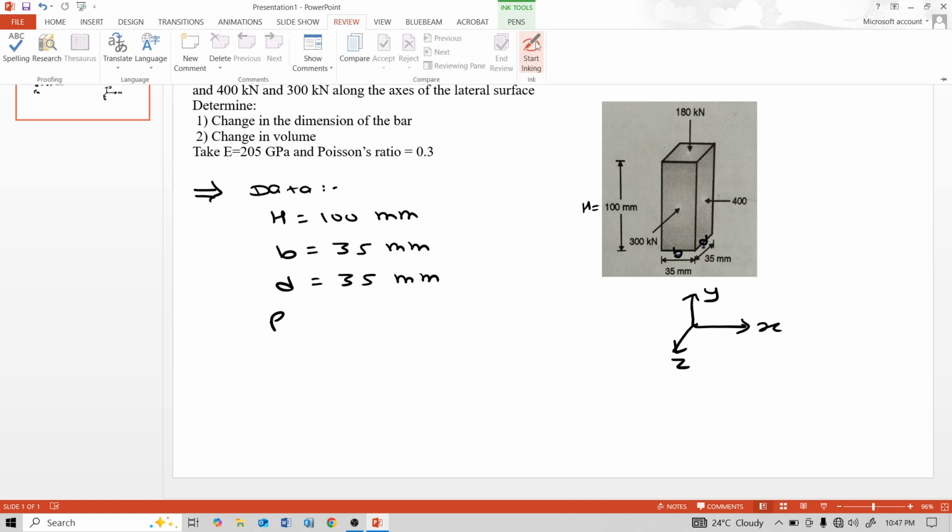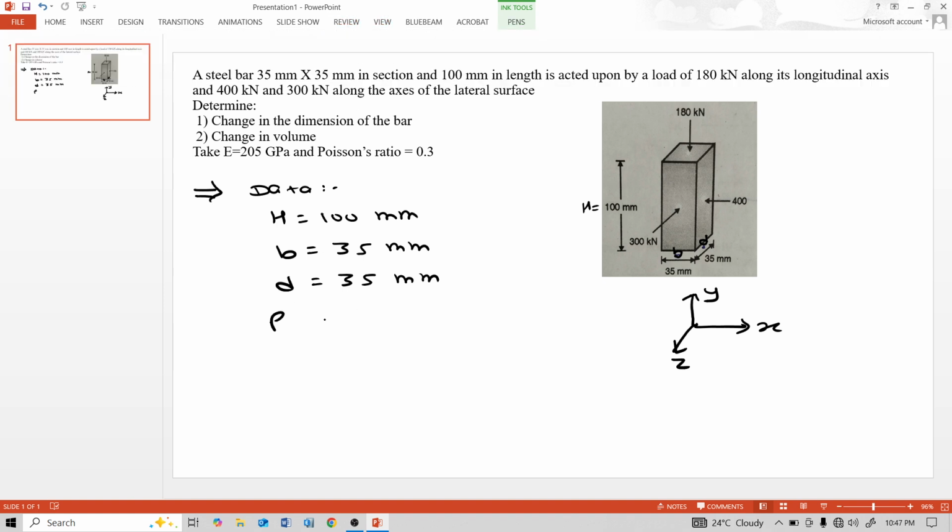So load in x direction is 400 kN. Load in y direction is this. This 400 kN acts on this rectangular bar like a compressive load.